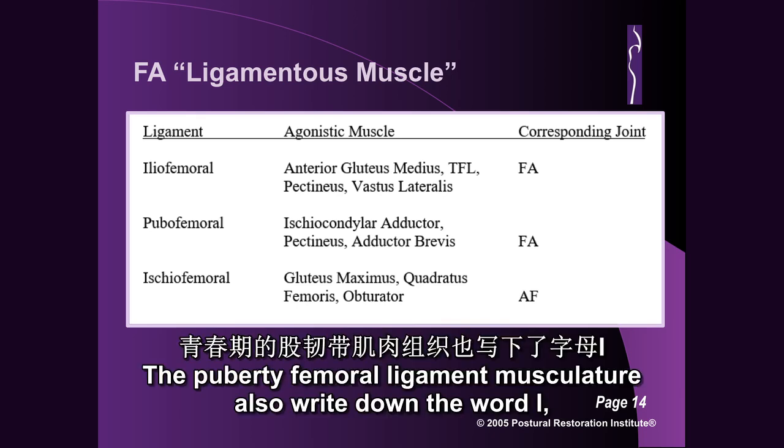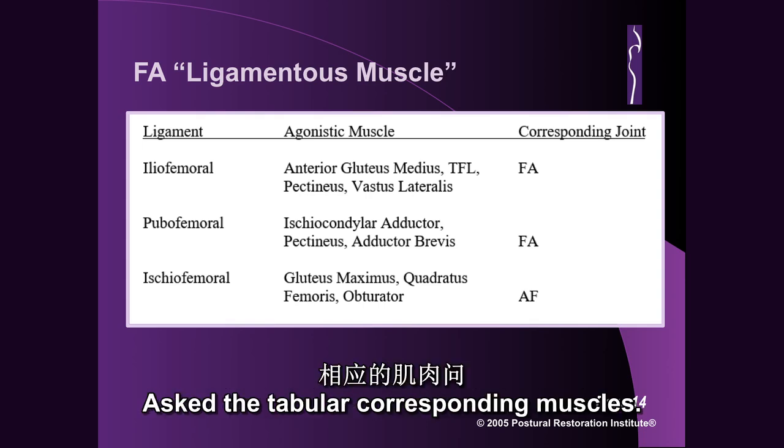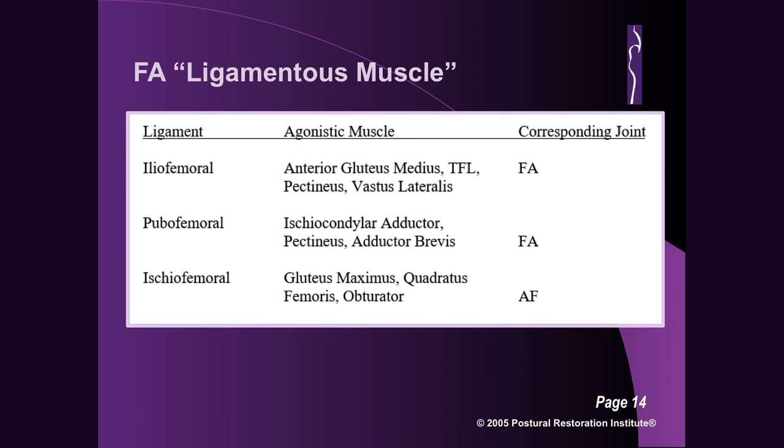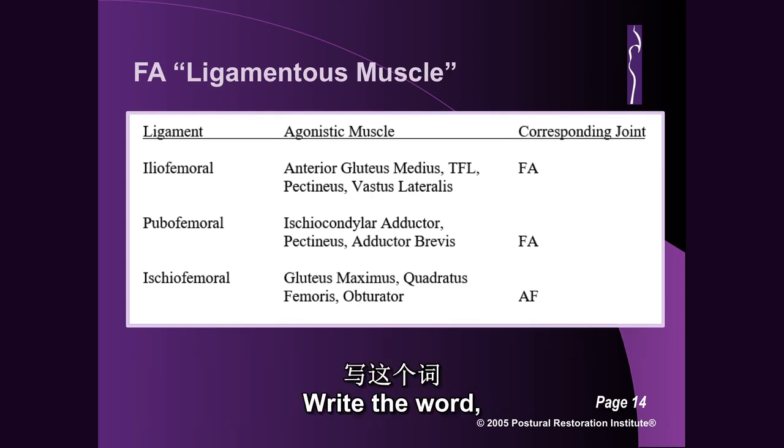The pubifemoral ligament musculature, also write down the word IR muscles, are also femur on acetabular corresponding muscles. The reason I like this graph is because the ischiofemoral ligament is ER muscle. Write the word ER muscle.